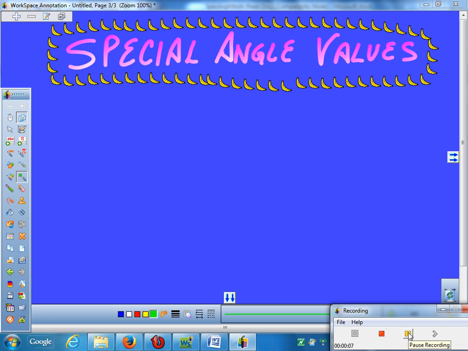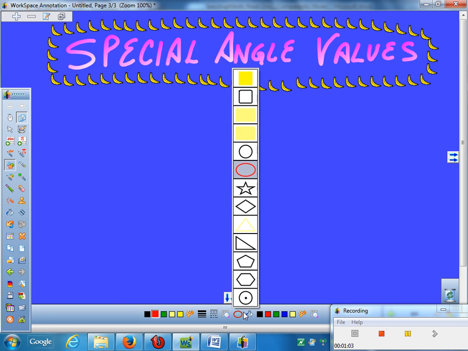So they wanted some way to define an angle based on distance so that the angle had a distance component. So they, of course, took everybody's favorite shape, the circle.